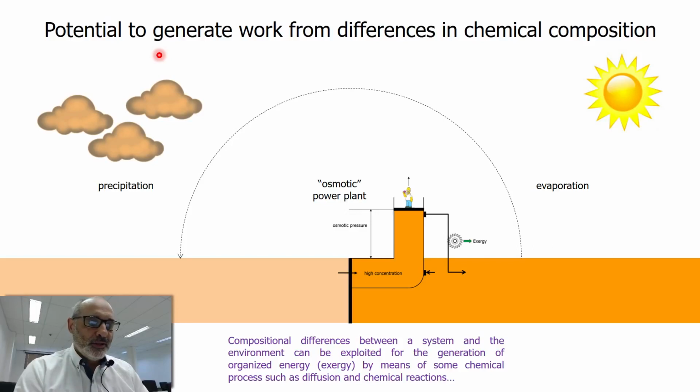I showed you last class what we call an osmotic power plant or osmotic elevator, which was run simply due to a difference in concentration. You have high concentration salt water, for instance, and sweet water here, and just this difference in concentration can be used to generate power.